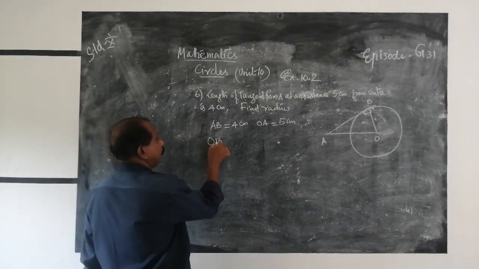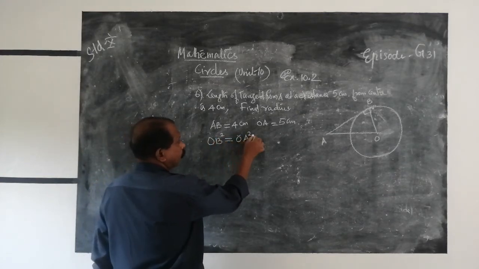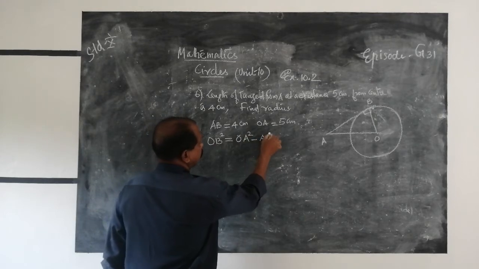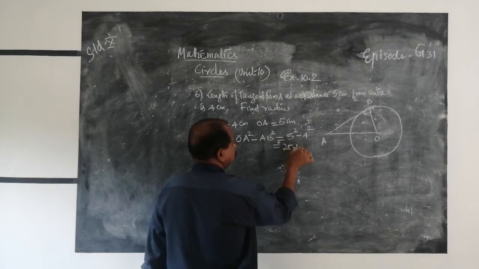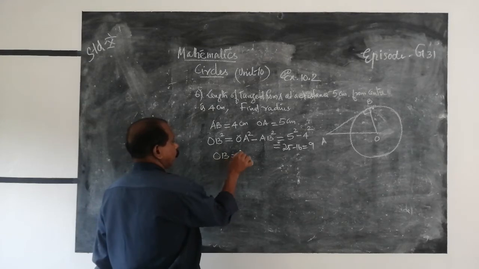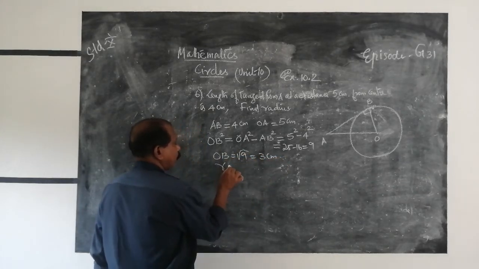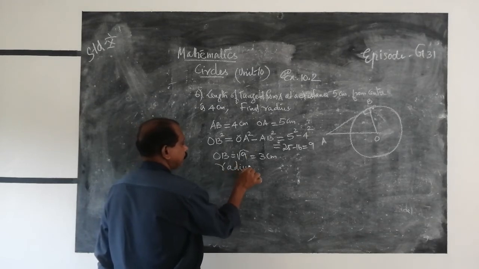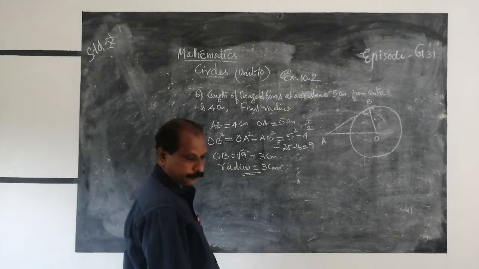Therefore, OB square is equal to OA square minus AB square, which is 5 square minus 4 square. So, 25 minus 16 is equal to 9. Therefore, OB is equal to root 9, which is 3 centimeters. Therefore, the radius is 3 centimeters. That is the answer.